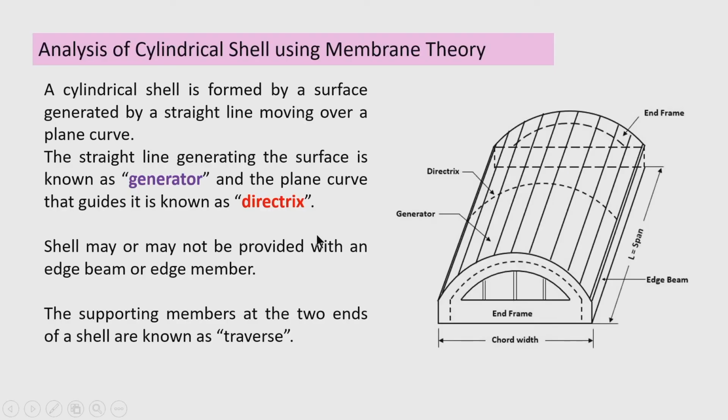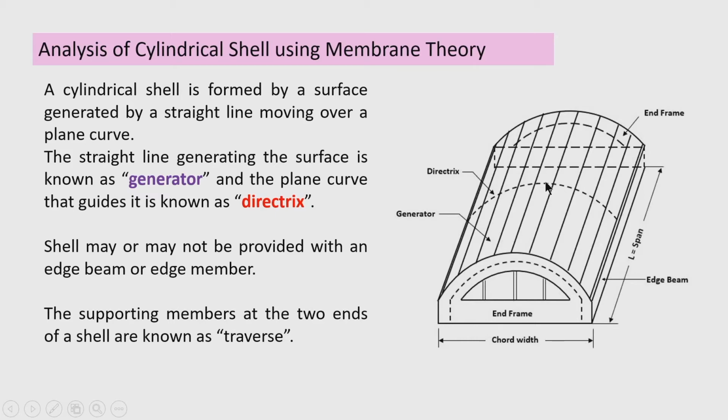So, let me see what are the elements of the cylindrical shells. Here the cylindrical surface is shown and the dotted lines are the directrix. Directrix may be of any form, any general curve can be taken, or any known curve, say circular arc or a parabola or an elliptical curve.